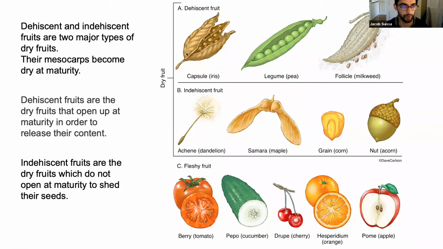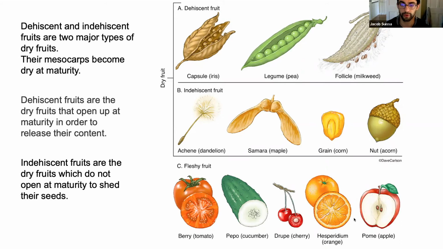It's multiple origins and stuff. And then you have dry indehiscent fruits, so like grains or nuts, or achenes, right? These dry one-seeded fruits.